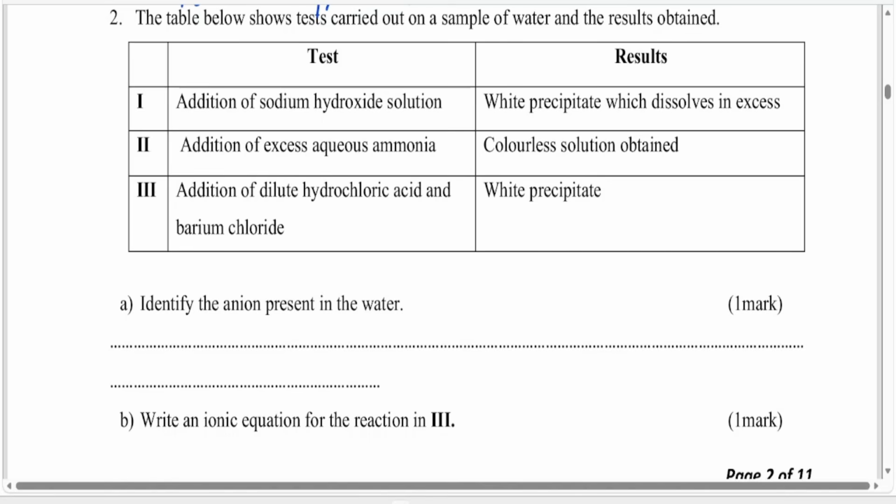Students, this is analysis of salts, the qualitative analysis. Whenever we add a few drops of sodium hydroxide and then in excess, we always make observations. In this case, we are not told whether it was in excess. It is just addition of sodium hydroxide and a white precipitate which dissolves in excess was formed.